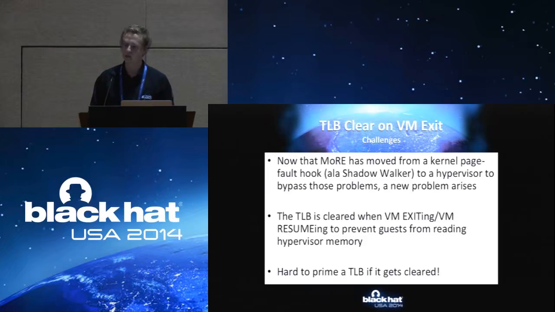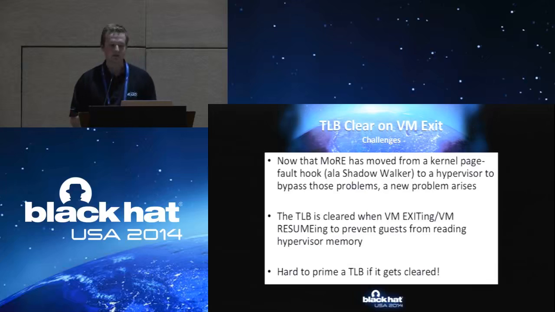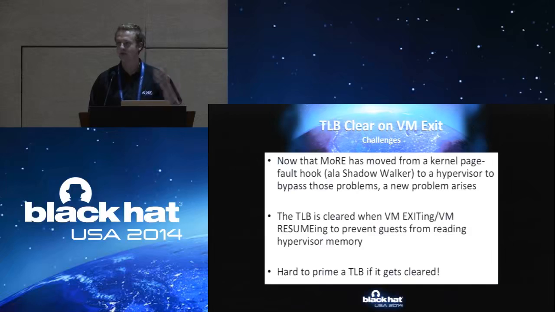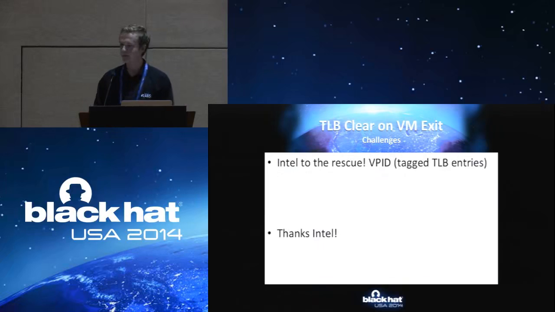And so one weekend of figuring out all this, we were running into an issue where we would prime, say, the data TLB in the hypervisor. We would resume back to the guest, and it would be wiped. And then the guest would say, nope, you didn't do it, fault back. And so we'd just hang forever. So again, thank you, Intel, for VPID. Not only does it make us faster, it allows us to bypass that.